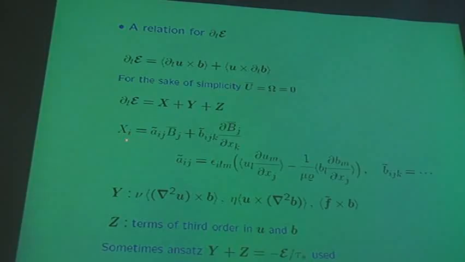The first I give more or less explicitly. You can show that this looks like the sum of coefficients, one I gave here, times ij times bj, and another coefficient which looks a bit more complicated, that's why I didn't write it down here, times the derivative of b.